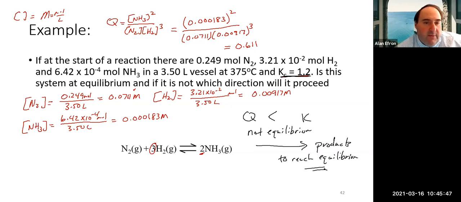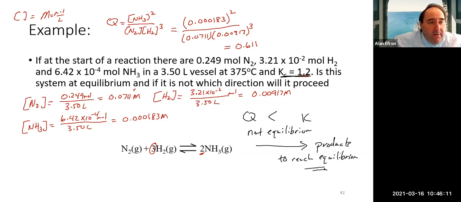So this is what I would consider a straight up Q type problem where you're really just trying to answer those two questions. Are you at equilibrium? And if you're not at equilibrium, which way you need to go to reach equilibrium. Any questions on that? Okay.